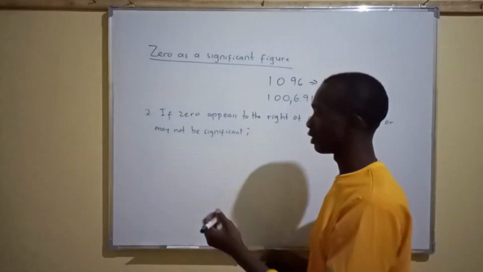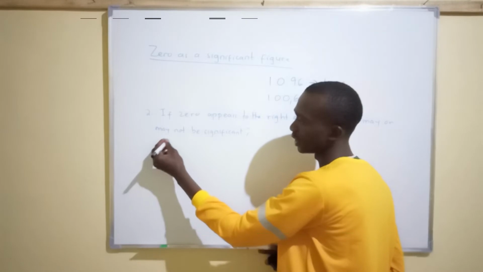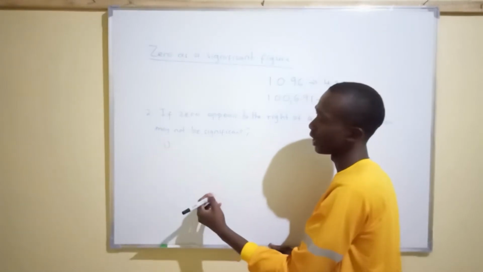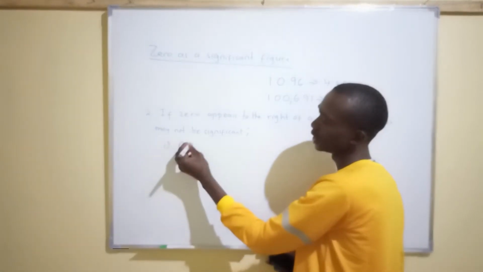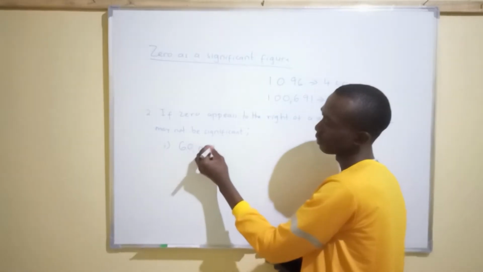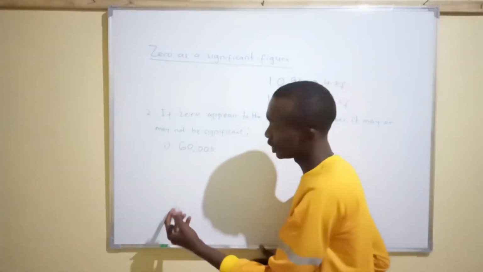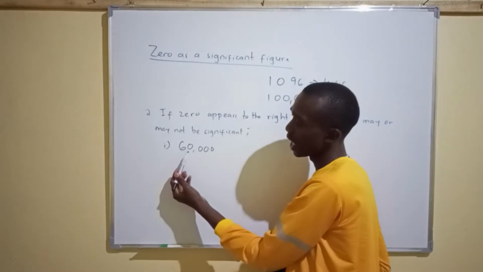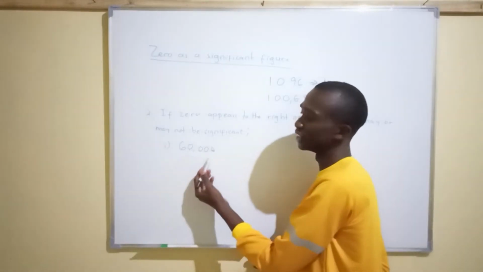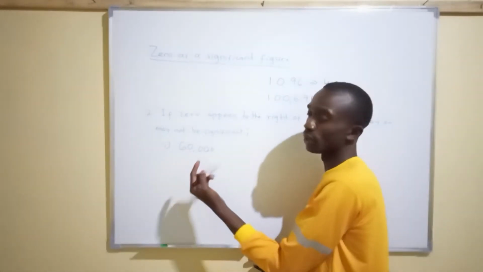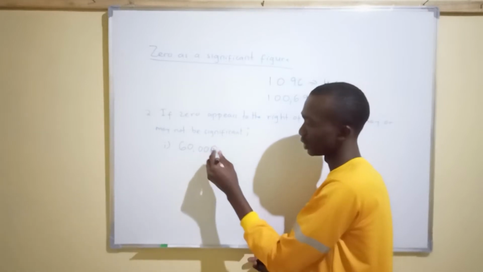Let me start with the first one. When you have a whole number like 60,000, the first digit is 6 and the last digit is 0. There are 4 zeros and 1 six.